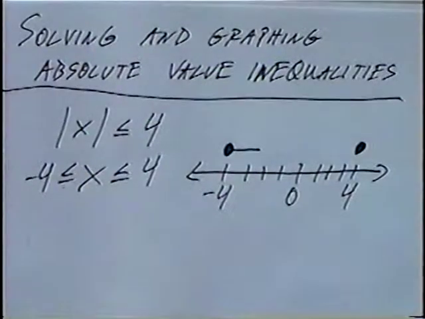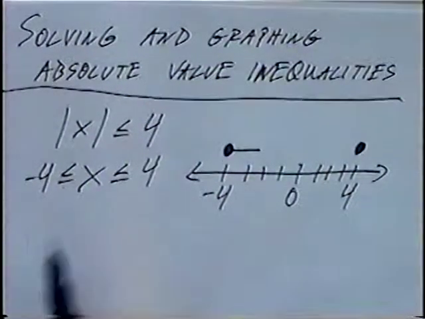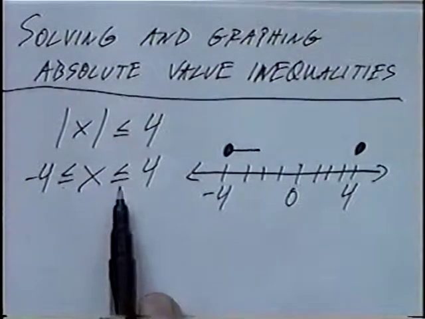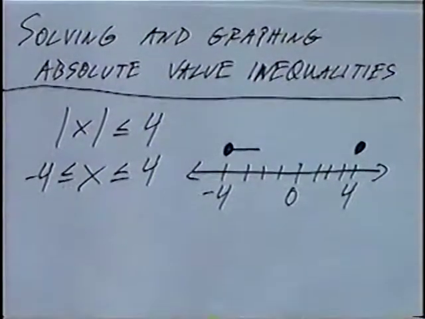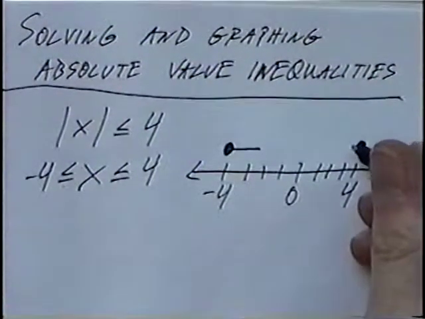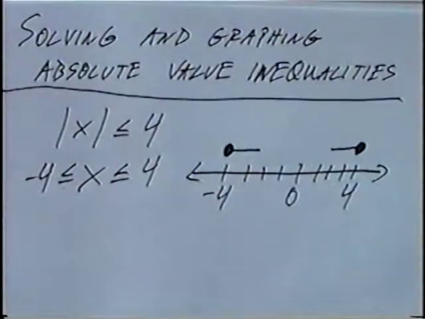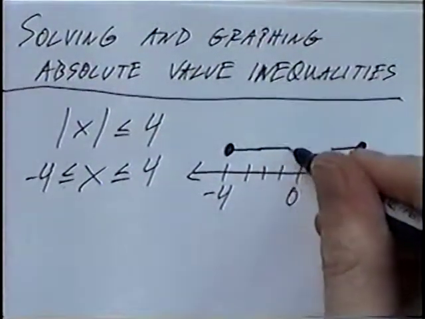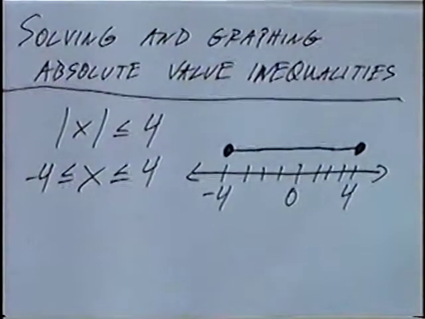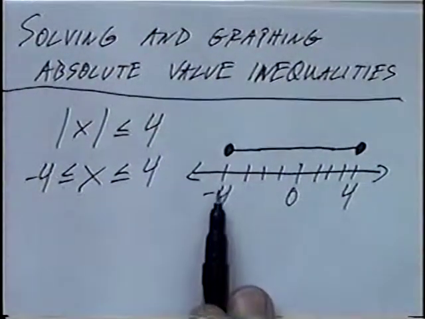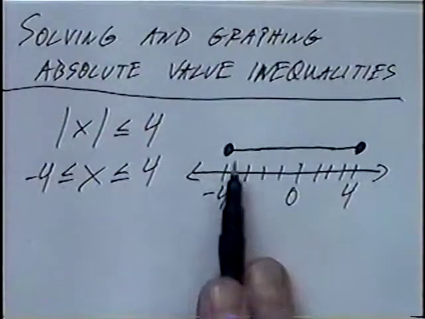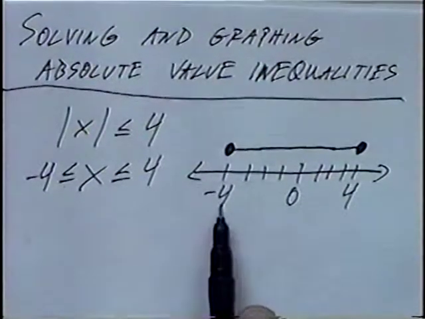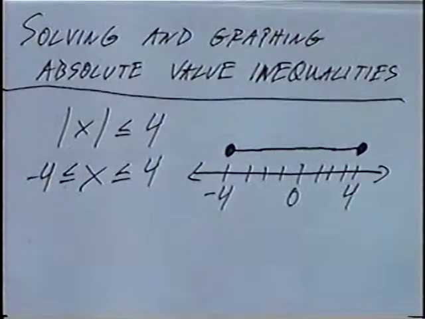Also for the positive 4, we have x is less than or equal to 4. X less than or equal to 4 means smaller than 4, so this will go to the left. When we have the 2 lines pointing towards each other, we can connect them, and the solution for this problem would be the numbers from negative 4 to positive 4, all the numbers in between, including negative 4 and positive 4.